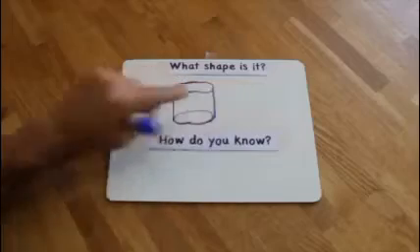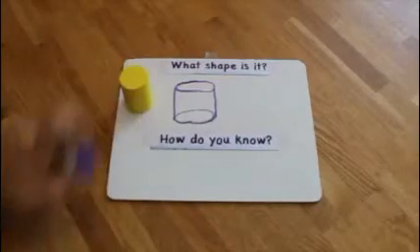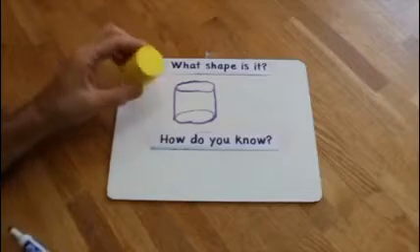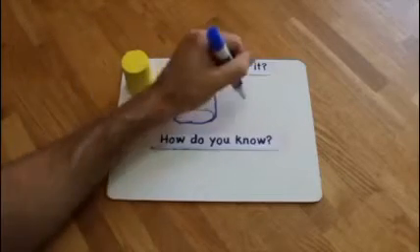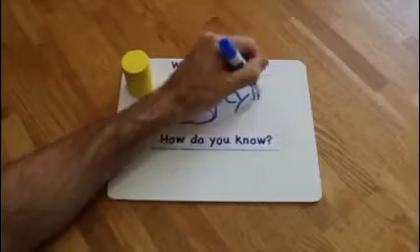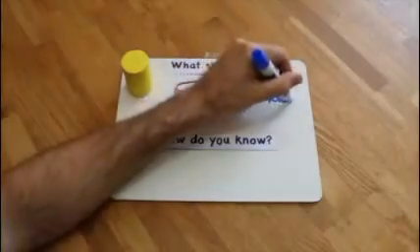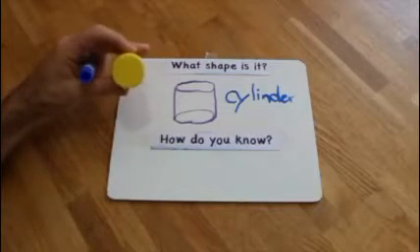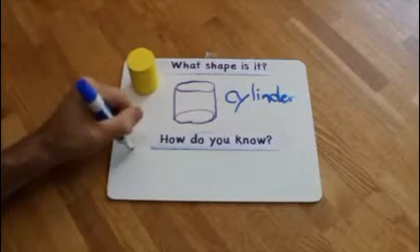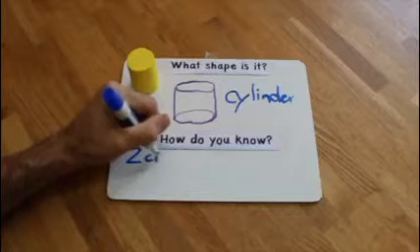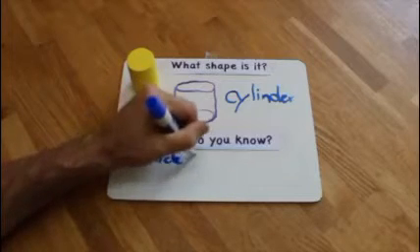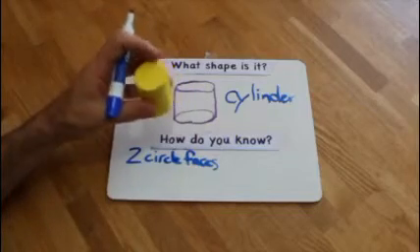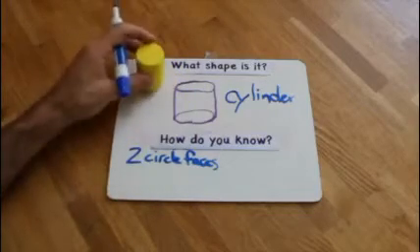What shape is it? Here's a picture. Here's a real one. Look at it. It is a cylinder. Okay. How do you know? Well, we got to look. It's got two circle faces. I want to start talking about it also. I'm sorry I haven't done this before, but it is three-dimensional.